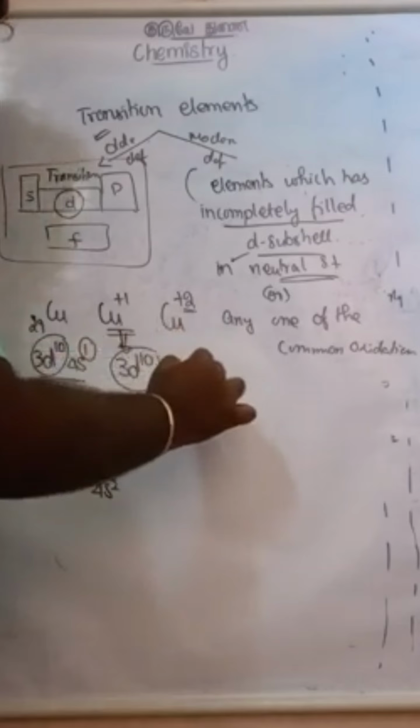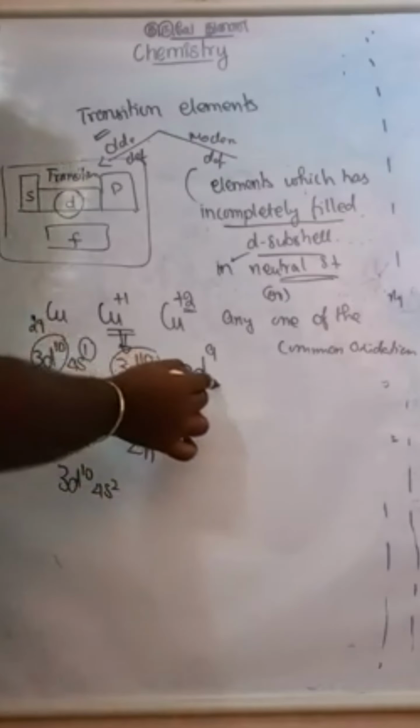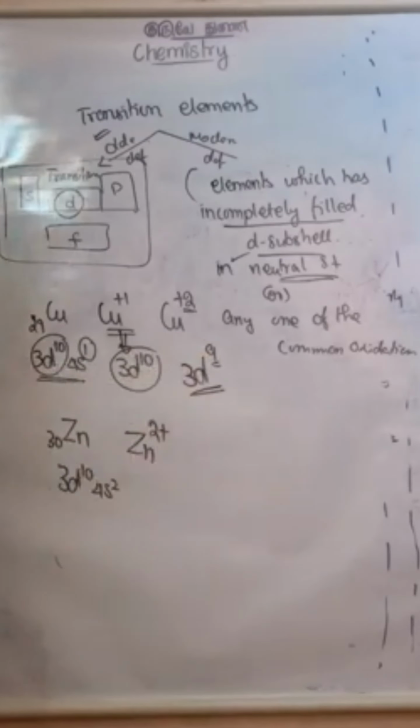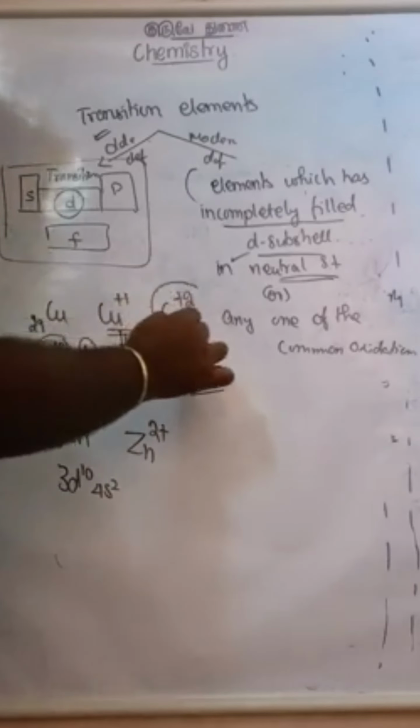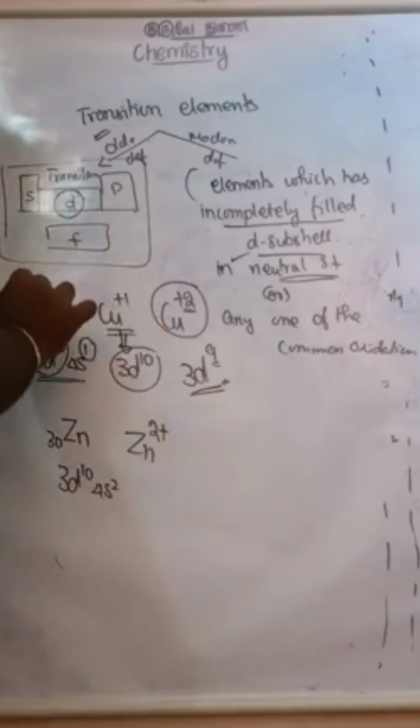So the configuration will be 3d9, and 4s has no electron. Now 3d9 indicates it is not completely filled: d10 is completely filled, d9 is incompletely filled. So in Cu2+ copper has an incompletely filled d subshell. Because of this, copper is a transition element.